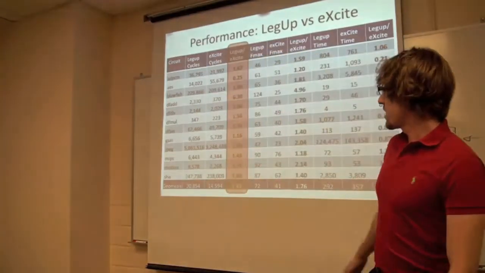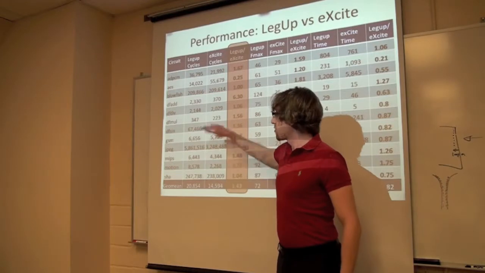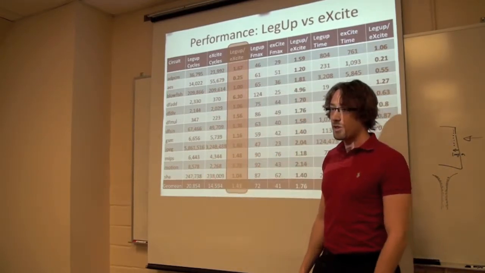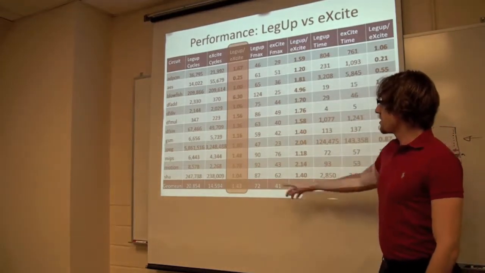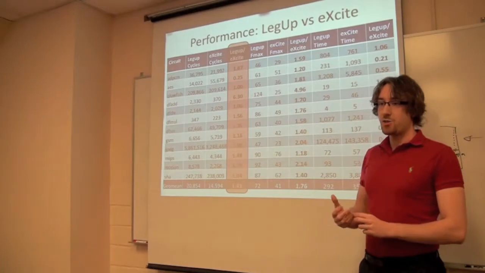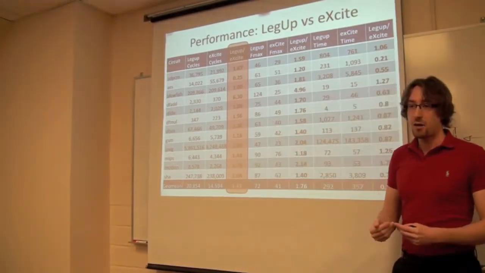I've shown here the number of cycles it took LegUp to complete each one of the 12 benchmarks, and the number of cycles it took Excite to complete each one of the benchmarks. And what you can see is that generally LegUp took a lot more cycles to complete each benchmark. In the extreme example, for DFAD, we took 6 times the number of cycles.